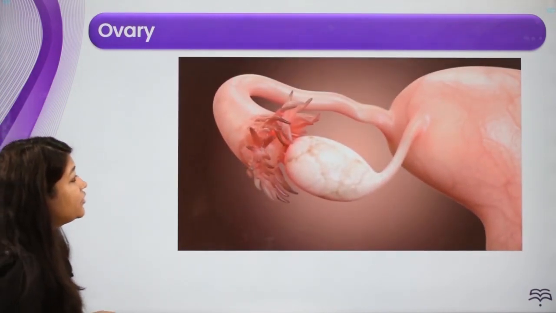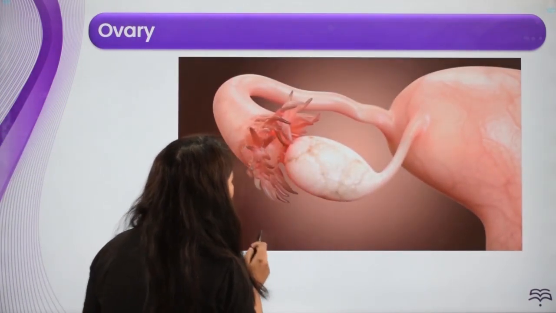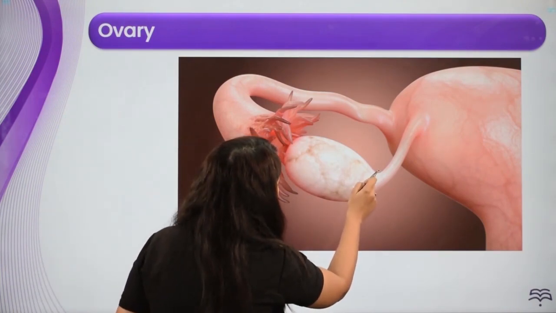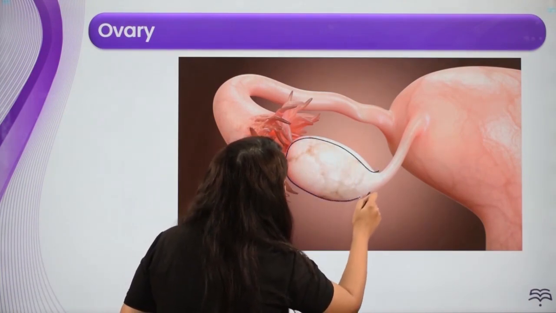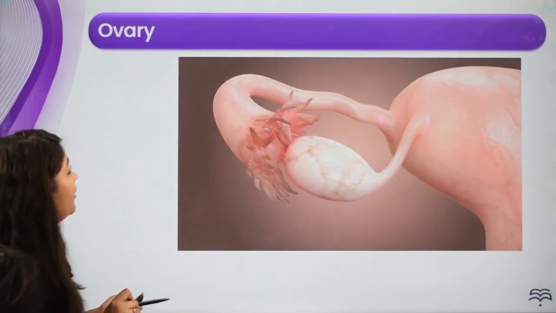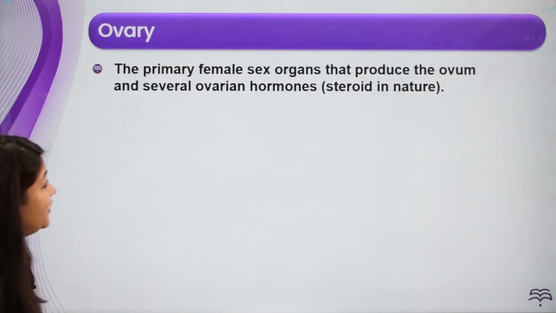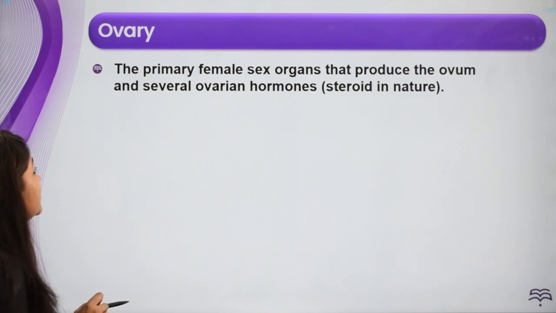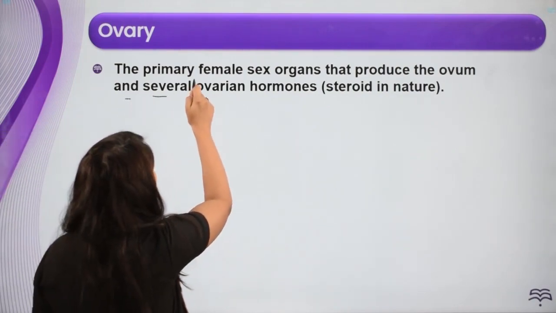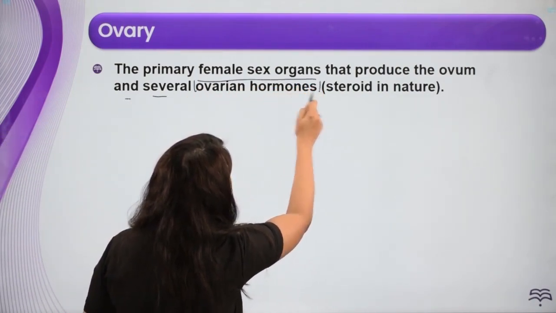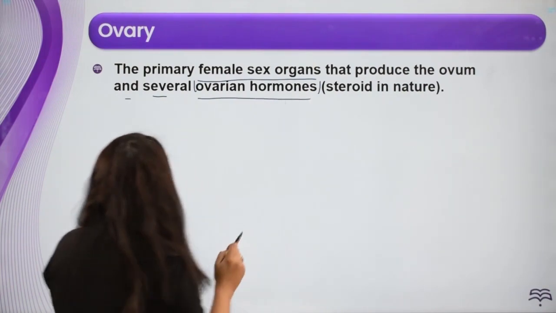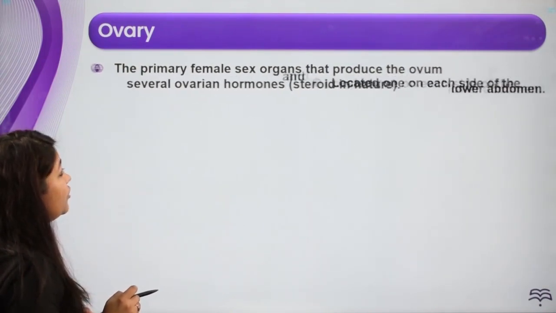Alright, now let's start our discussion with the ovary. See here in front of you a very beautiful diagram of the ovaries. This structure is your ovary. The primary female sex organ that produces the ovum and several ovarian hormones which are steroid in nature. This is the main function of the ovary.